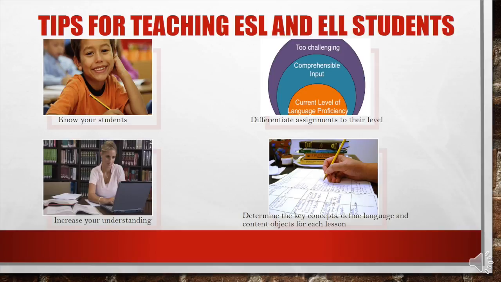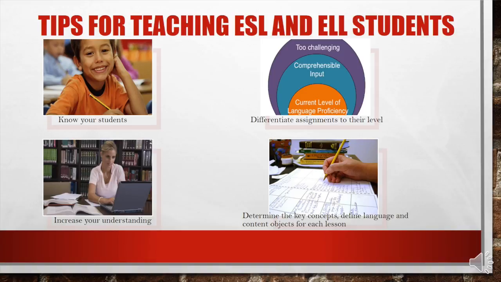Our next picture, I chose a graphic, and this focuses on comprehensible input. When you're speaking with the students, you need to make sure that the language that you're using is not too challenging. You want it to be just above their language proficiency so that you're pushing them, but it's not so far that they don't understand what you're saying.